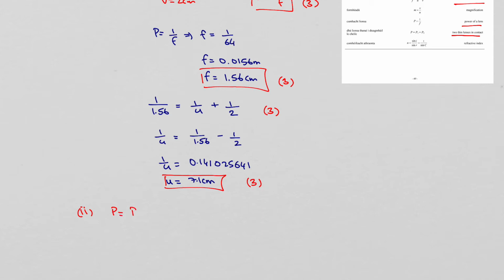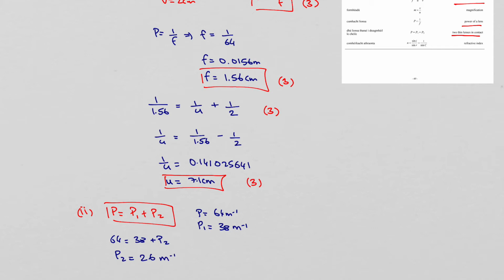So in other words, P is equal to P1 plus P2, where the power of the lens is 64 per metre, and then P1 is 38 per metre. So by subbing in, we have 64 equals 38 plus P2. Therefore, P2, the internal lens, must be 64 minus 38, which is 26. And again, that has to be per metre. And there was 3 marks for that. So a nice easy calculation there.